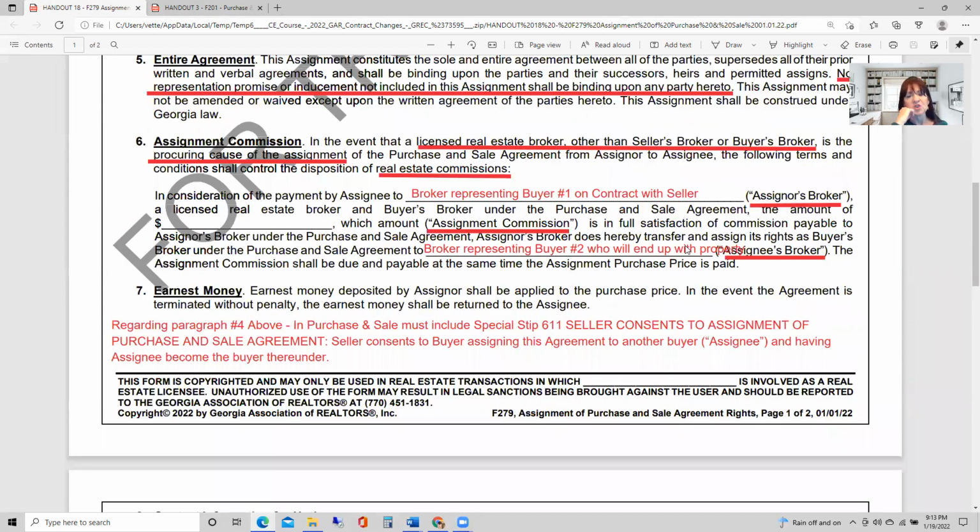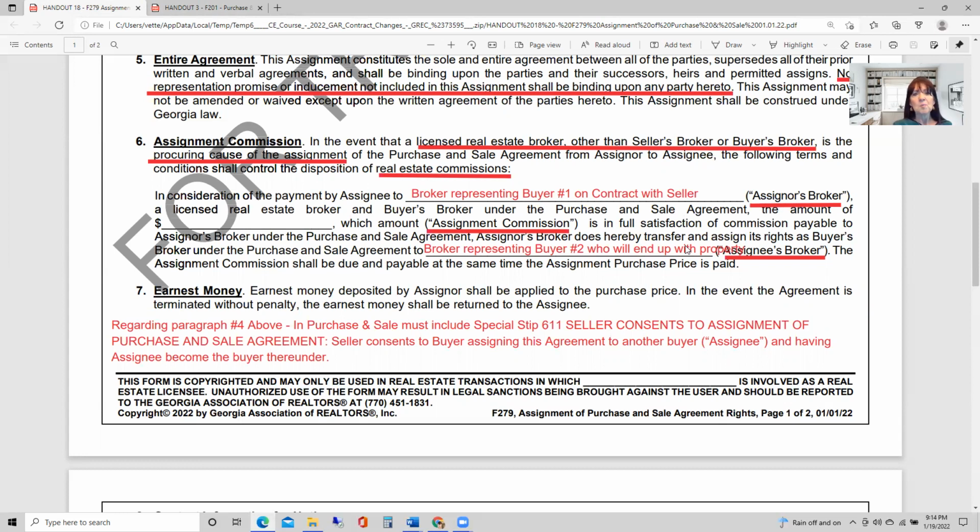Now, here is the interesting part. In the previous versions of this form, it was very confusing regarding commission. Who got paid what commission when? A lot of times there is a broker that represents the seller. That broker has nothing to do with this agreement.